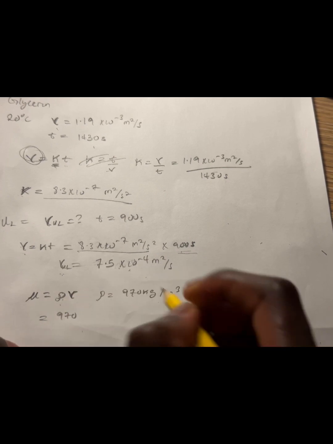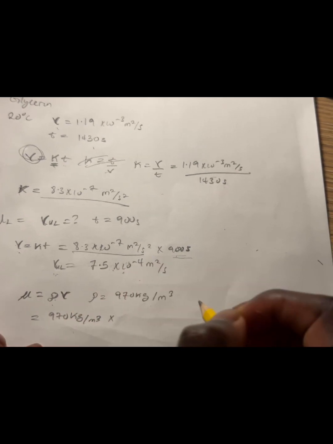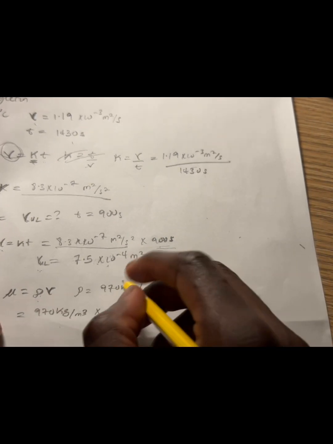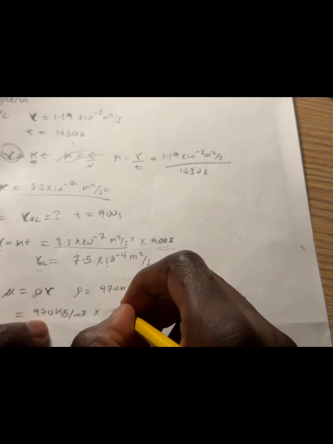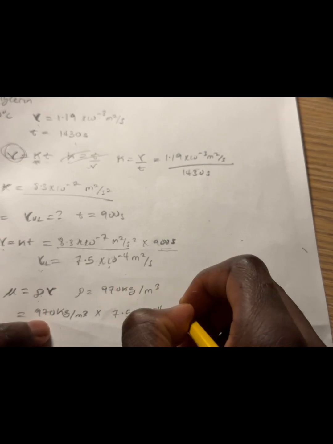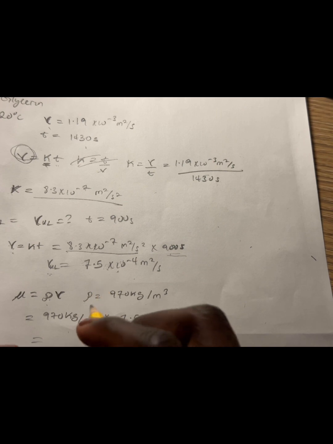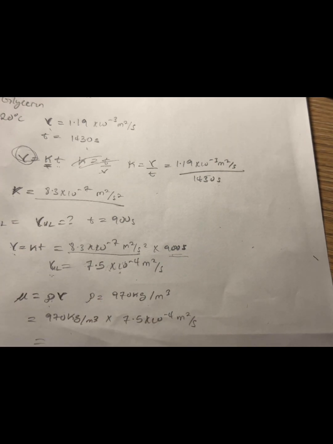So 970 kilograms per meter cubed times the kinematic viscosity, which is 7.5 times 10 to the negative 4 meters squared per second. The units are going to cancel, and you should have 970 times 7.5 times 10 to the negative 4.